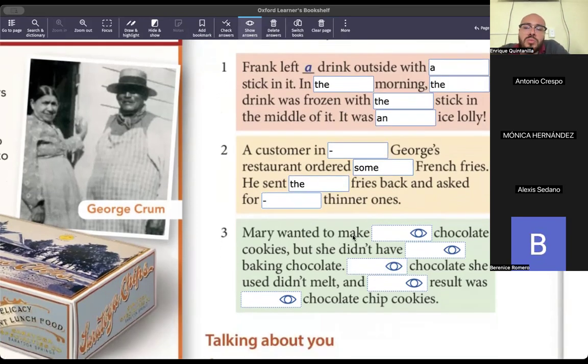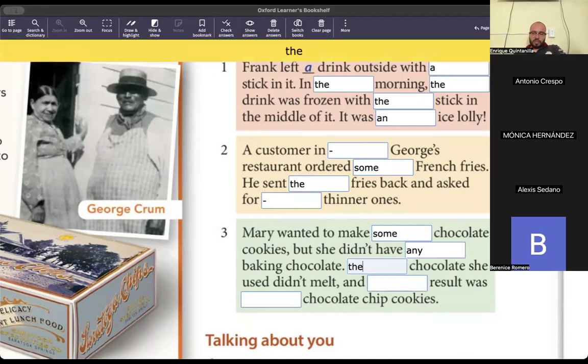Maria wanted to make some chocolate cookies, correct? But she didn't have any baking chocolate, correct. The chocolate, correct.